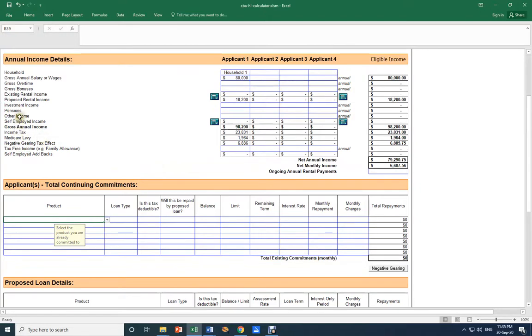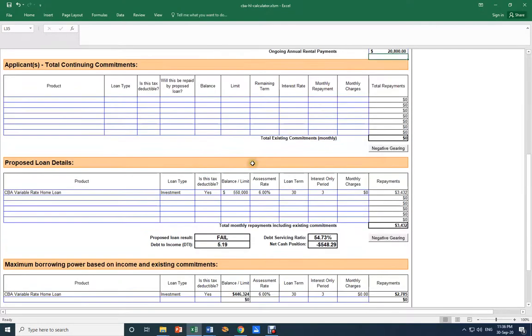It's here somewhere. Ongoing rental commitment payments. So that's annual. So let's say she's paying 400 a week times 52, 20,800. That's where it needs to go. So you need to check where the information needs to be entered. It can be a bit tricky.